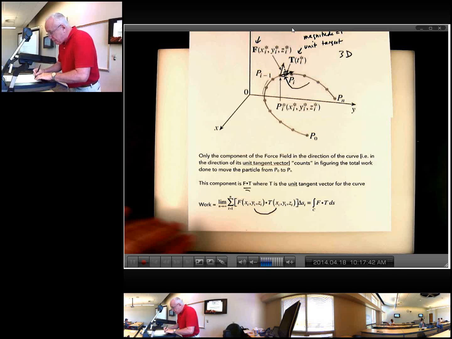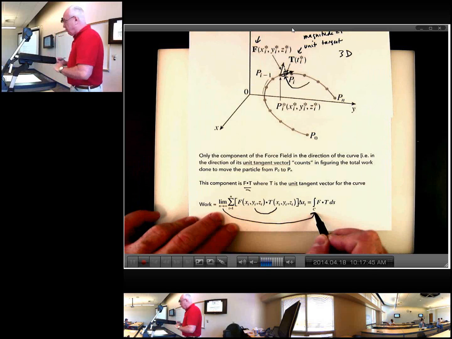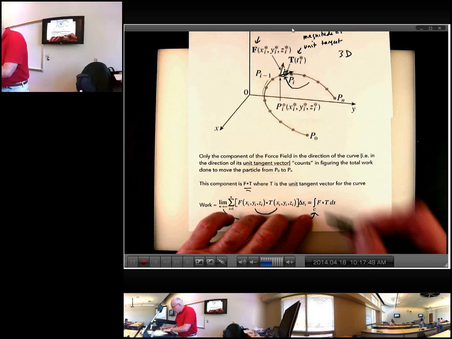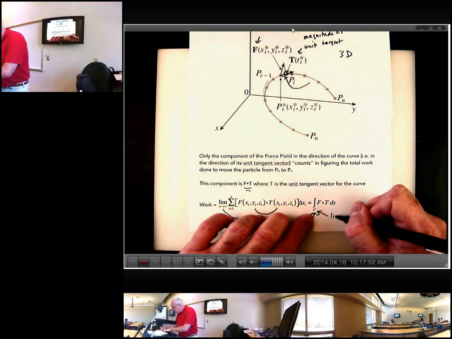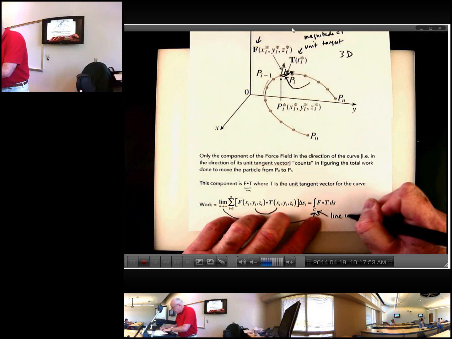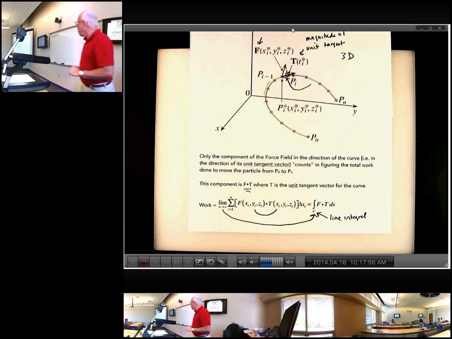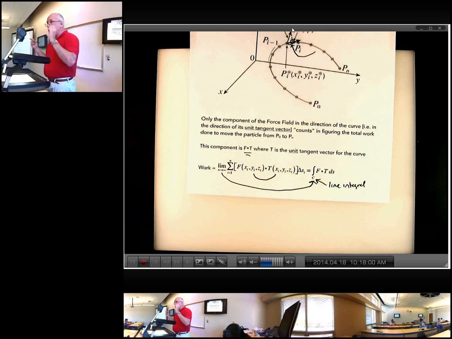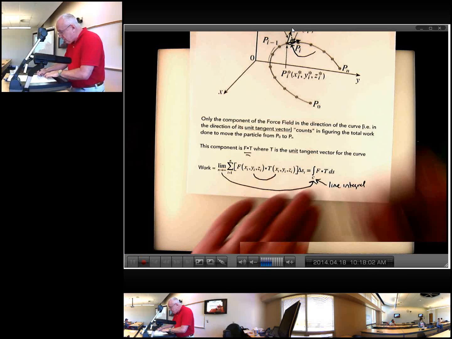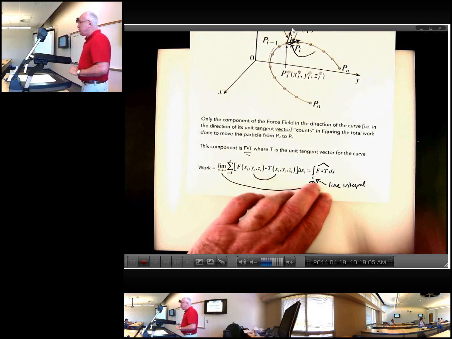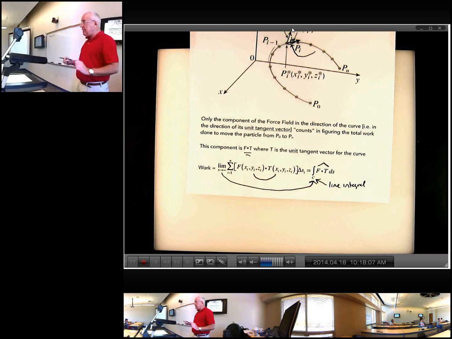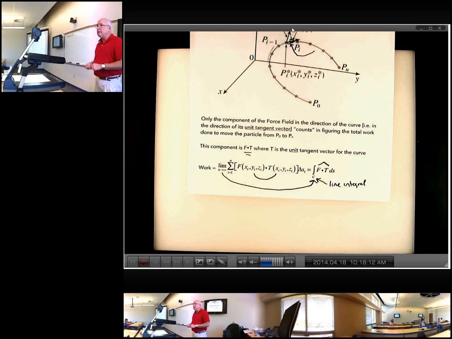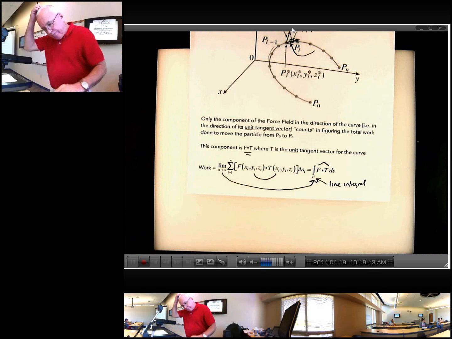Well, this limit becomes the integral. So the work here is now a line integral along our curve C, and what we are integrating now is this dot product, F dot T. And then we're integrating with respect to the arc length, the S. All right.